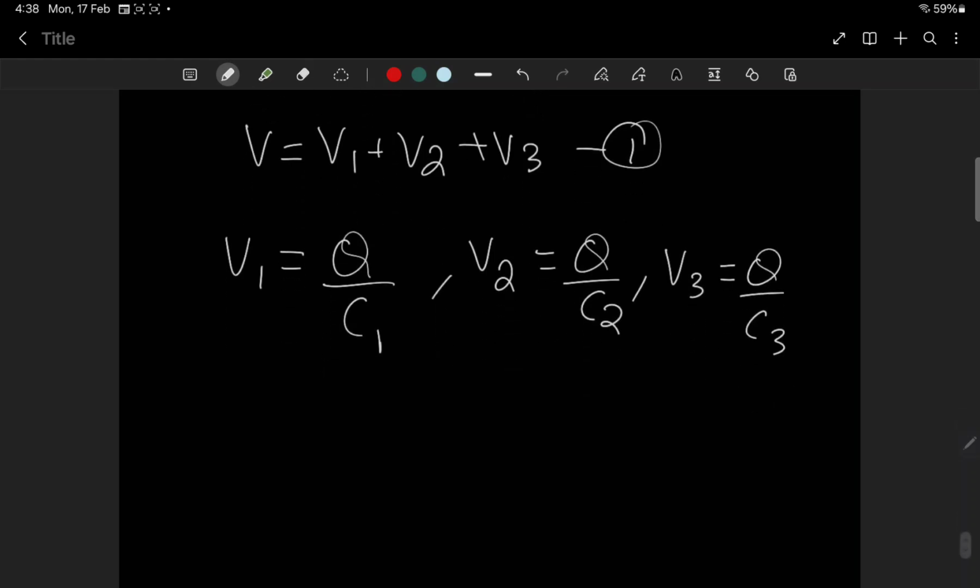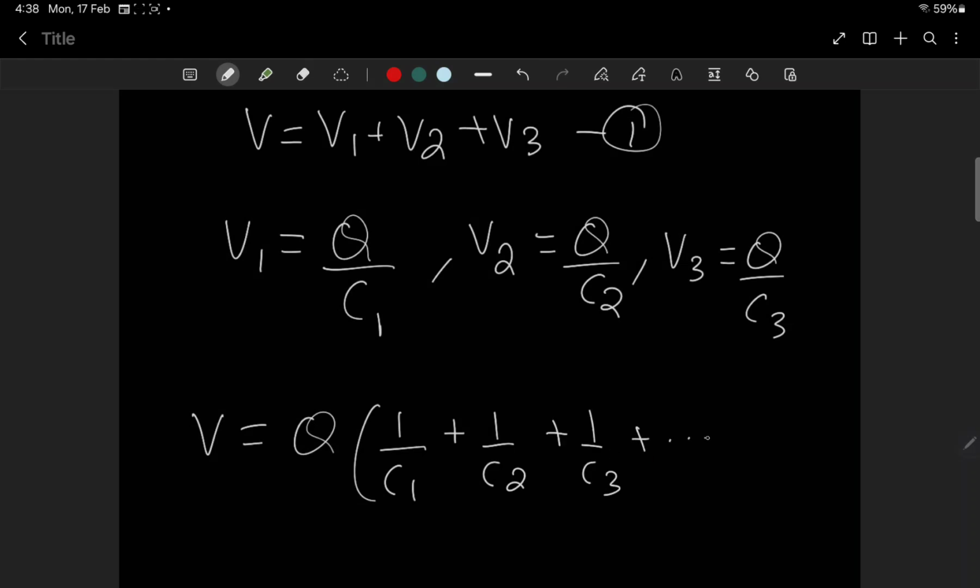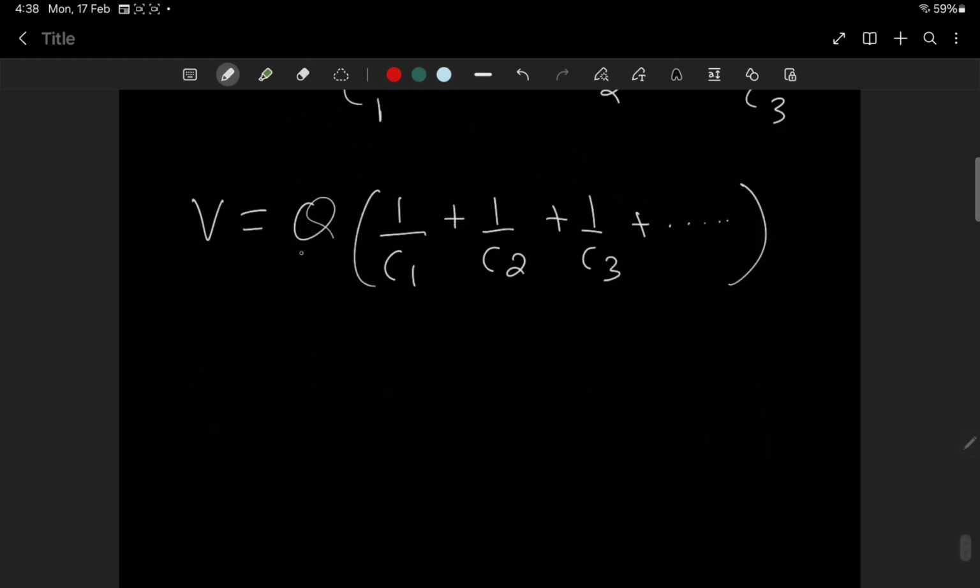So now we can write V is equal to Q into 1 by C1 plus 1 by C2 plus 1 by C3, etc. Now I am going to take this Q to this side.